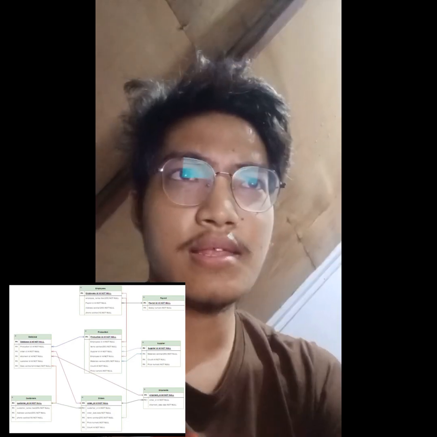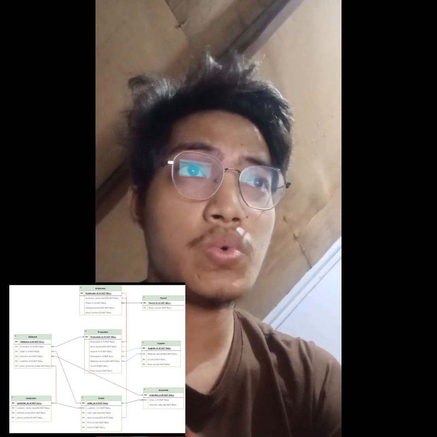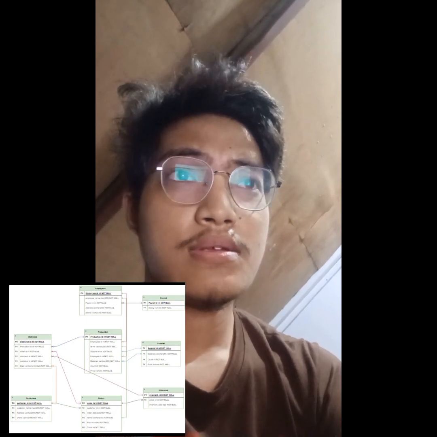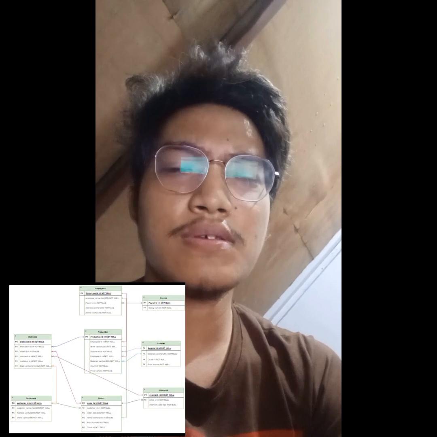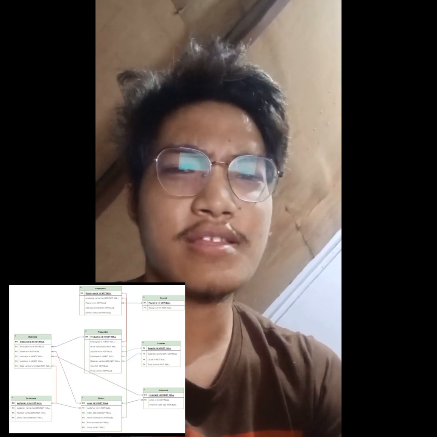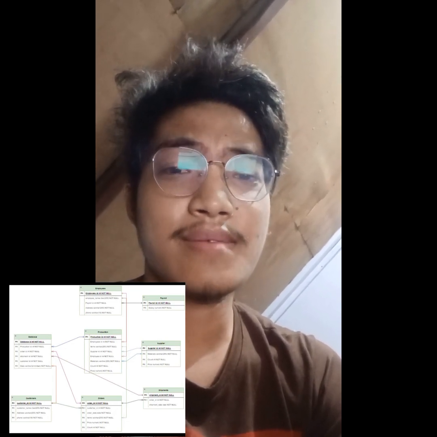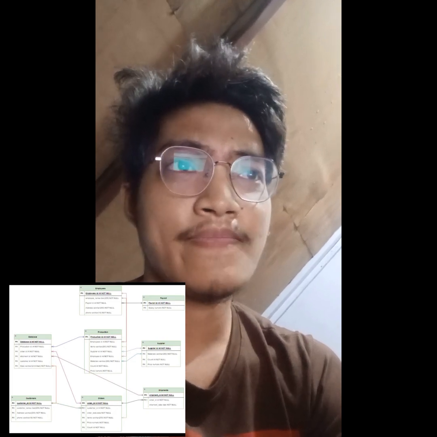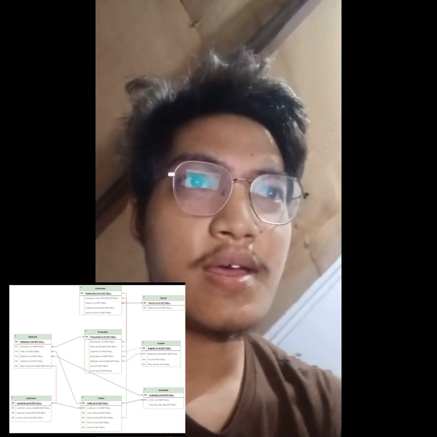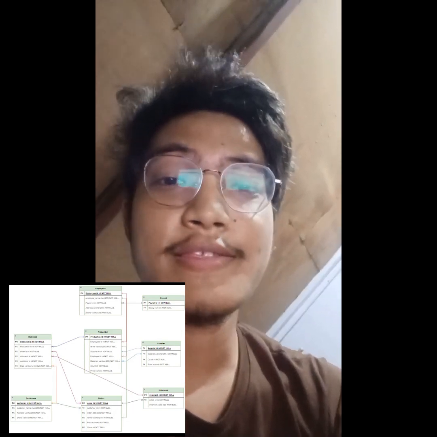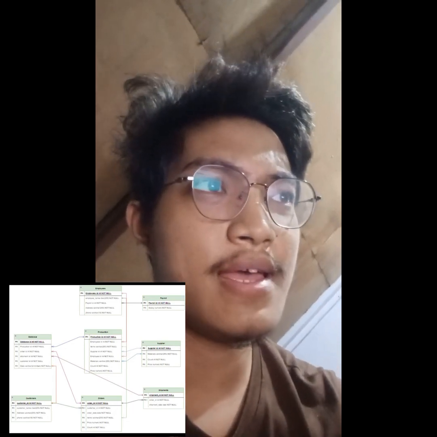In the entity relationship diagram, the relationship of every entity is shown. It's almost related to the data flow diagram because it has external entities. But here in the entity relationship diagram, you can see all the connections of all entities.